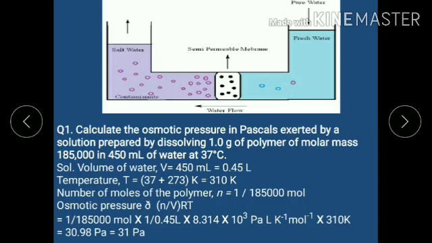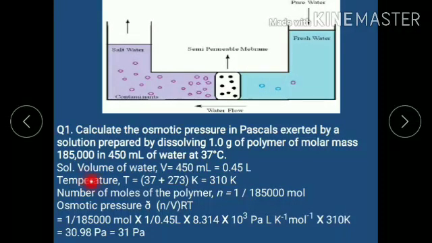Now see the question. Calculate the osmotic pressure, pi, in pascal exerted by a solution prepared by dissolving 1 gram of a polymer of molar mass 185,000 in 450 ml of water at 37 degrees centigrade. First, what is the formula? nRT upon V. Volume of the water is 450 ml.